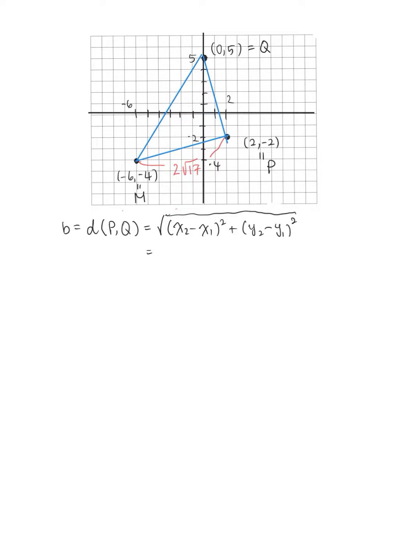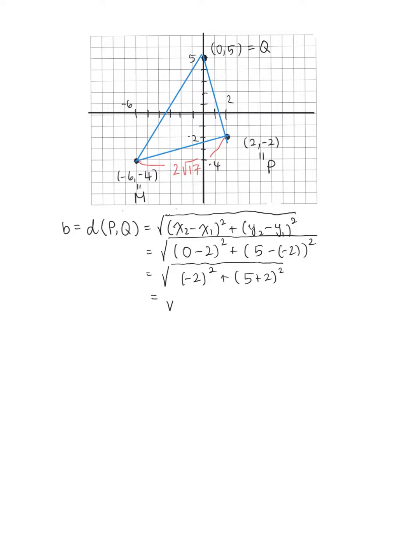Then what we're going to get is the square root of x2, which is 0, minus x1, which is 2, squared, and then plus y2, so y2 is 5, minus y1, which is negative 2, whole thing squared, and the square root. So then this becomes the square root of negative 2 squared, and then plus, what do we get? 5 plus 2 squared.